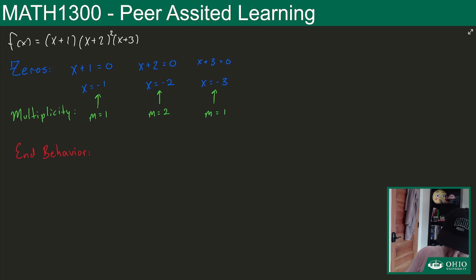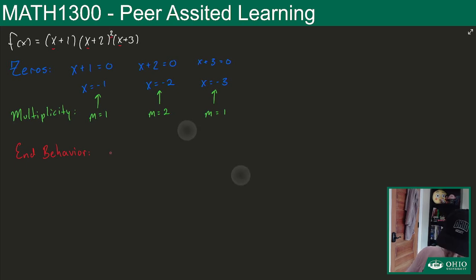So we have 3 instances of x showing up, and one of them happens to be squared. If I go ahead and multiply out this whole equation, when I think about the largest thing I can multiply out, I'll be multiplying an x, another x, and an x squared.